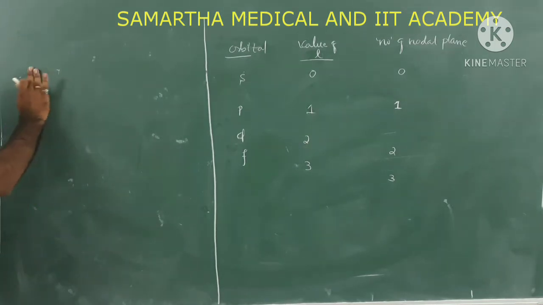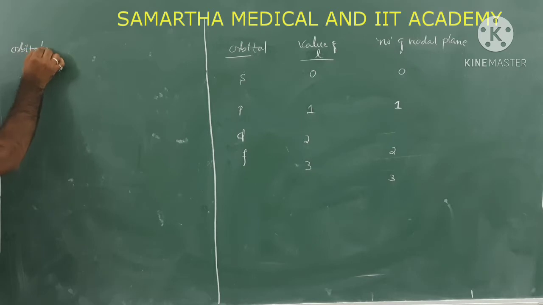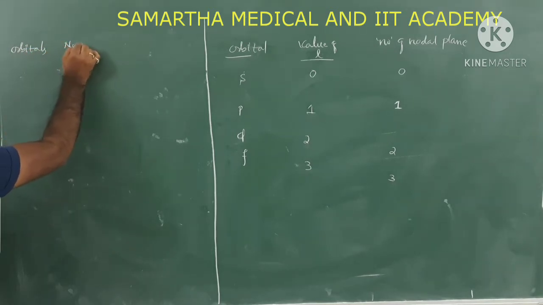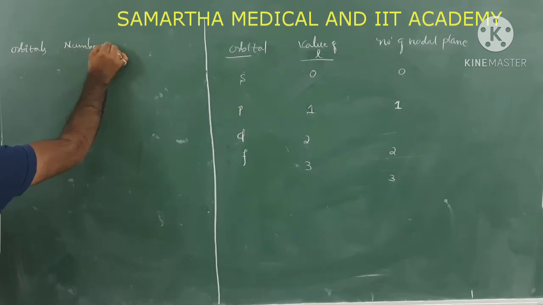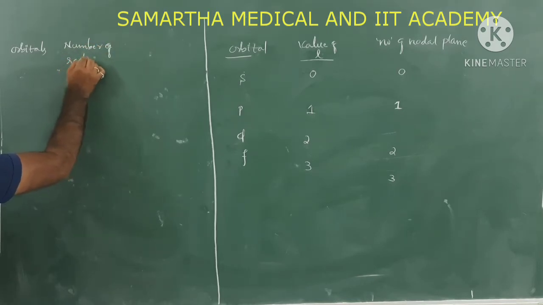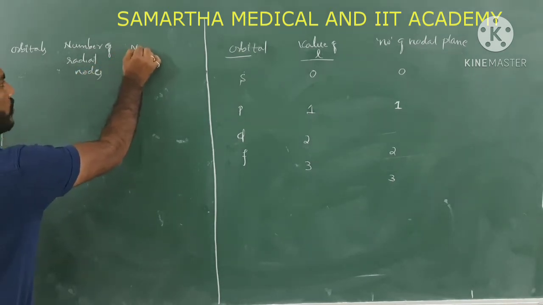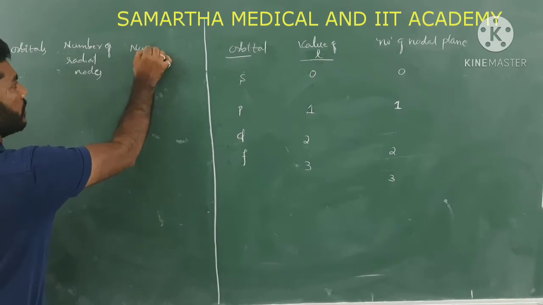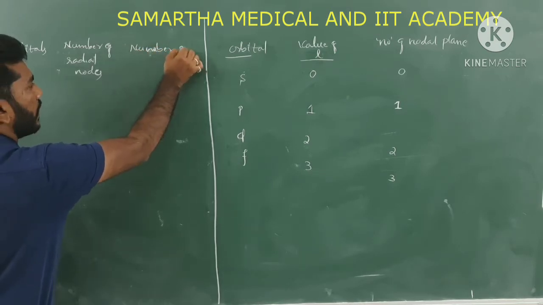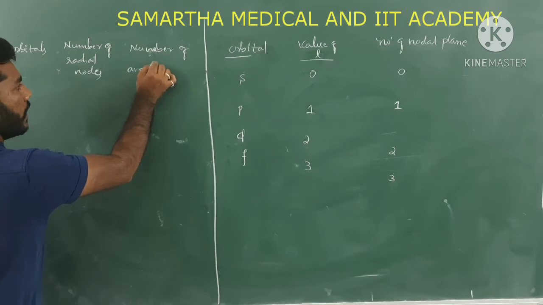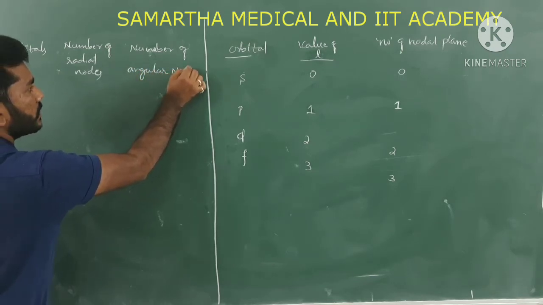So let's take orbitals, number of radial nodes, and number of angular nodes.